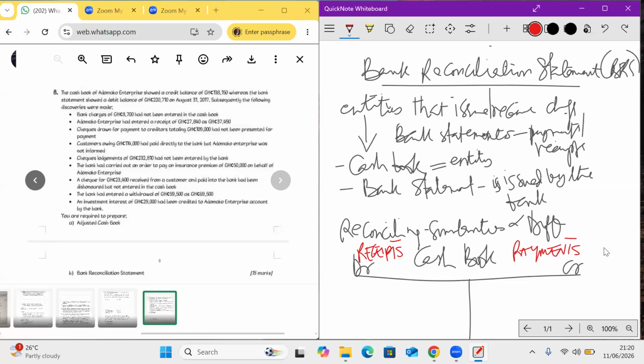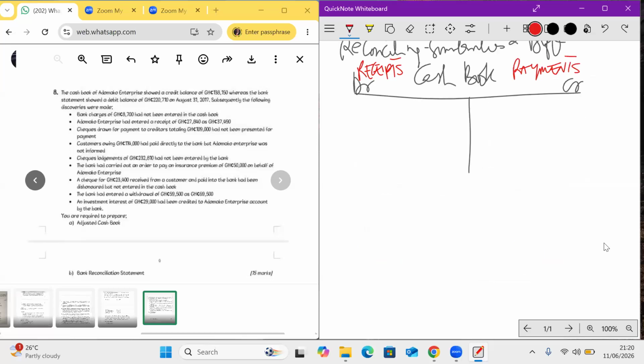In the bank statement, which will be issued by the bank, it has debit here, it has credit there, then it has balance there. And here we have the transactions, the descriptions.